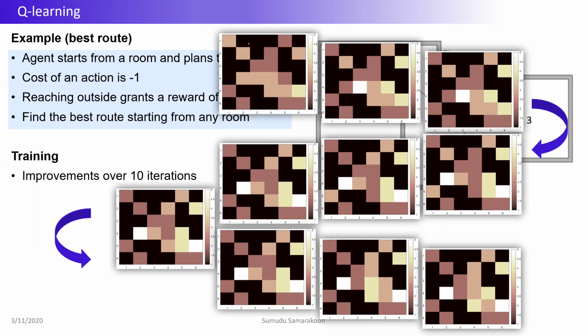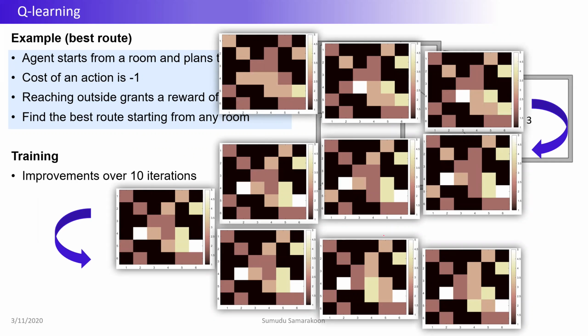To interpret this image, the lighter the color, the more reward there is for choosing that one. At the beginning there is not much difference between these choices. However, as time goes by, certain actions or choices start to appear better.